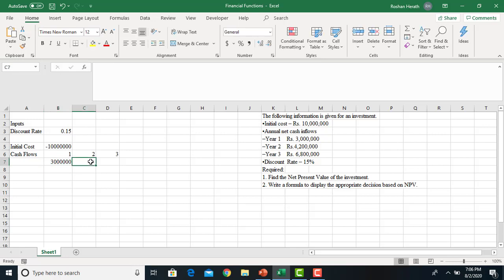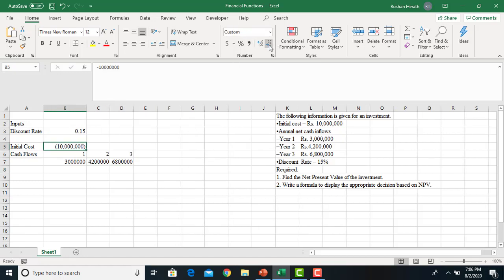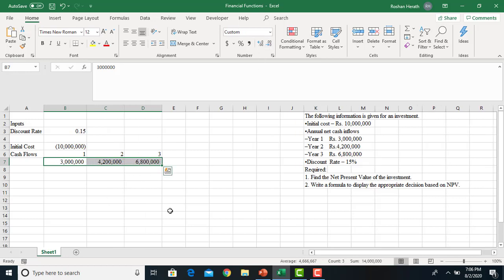Year 2 is 4.2 million, and year 3 is 6.8 million. So all the cash flows are there. You can improve the readability by using the separators.